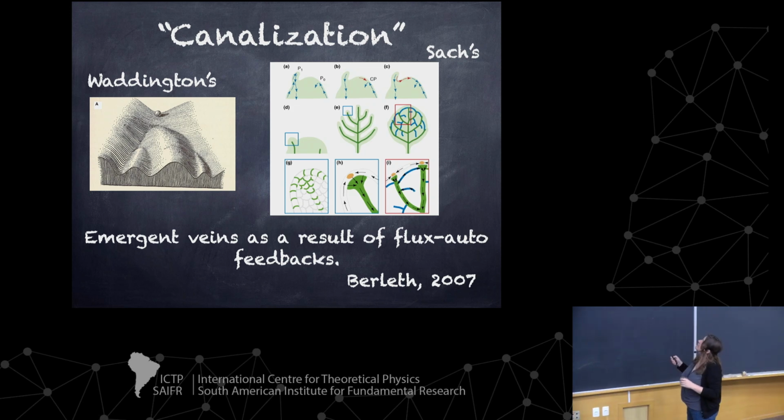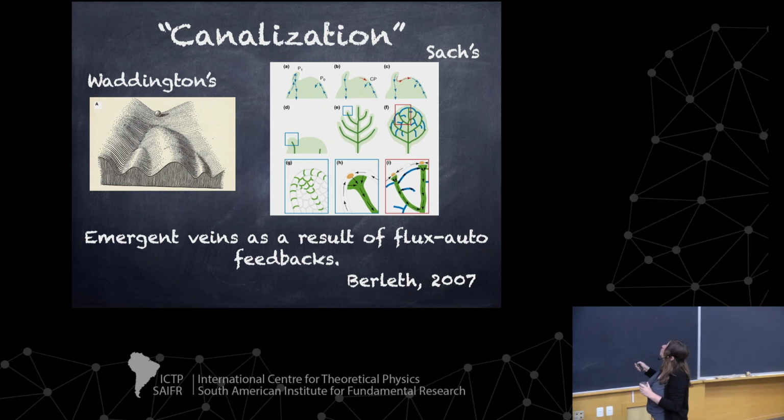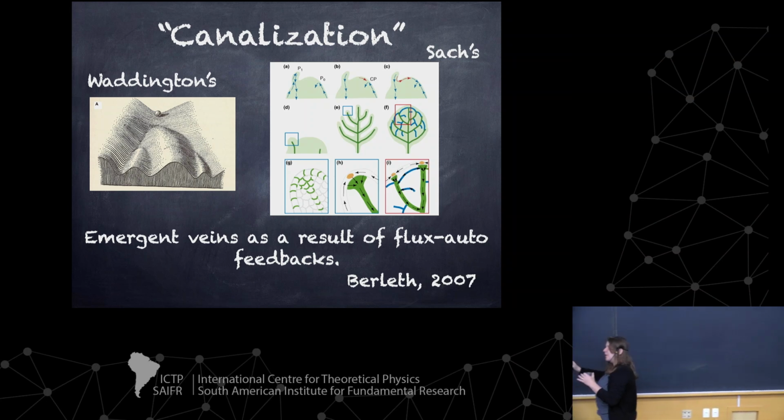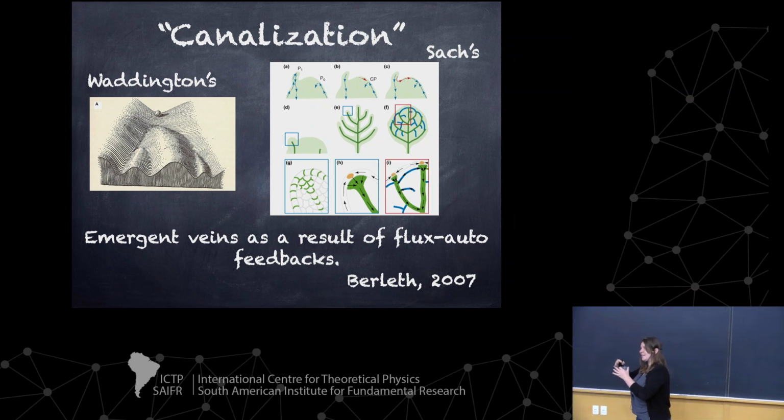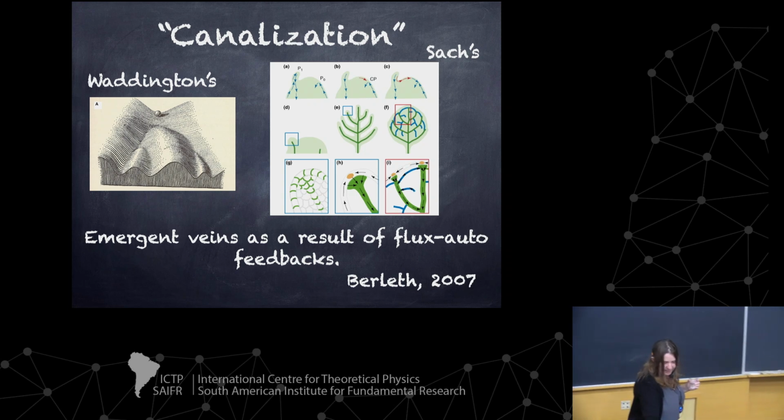So the idea is if you have growing meristems of plants, you're going to have these veins that start forming. It's an auto-organizational process. And what's happening here is you have pumps which are bringing a hormone forward. So they think that if you have any system where the flux will feed back on its own flux properties, so you're enhancing the flux by having a little bit more flux, you will get canalization. So that's another way that it comes up in development.